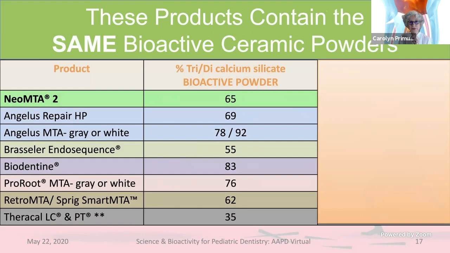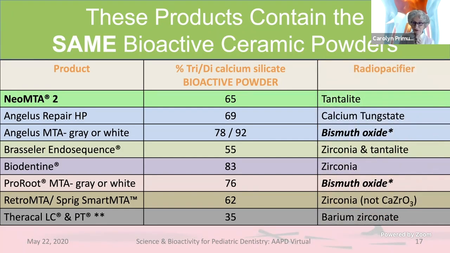So back to try and tie this together, the MTA products I was showing you that are quite common in dentistry do contain tri- and dicalcium silicate powder that varies from about 35% to about 92%. And then the bulk of what else is in the powder is a radiopacifier.